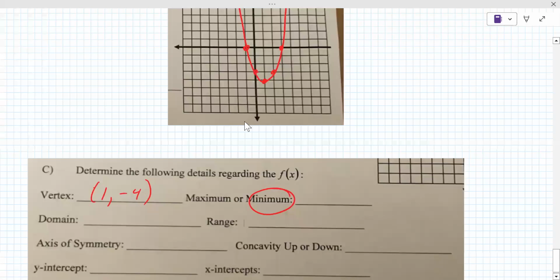The domain is always all real numbers. The range depends on whether it opens up or down. Since this one opens up, you would write y greater than or equal to the y value of the vertex, which is -4.